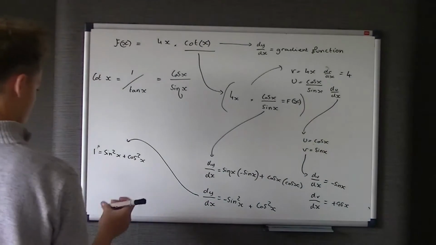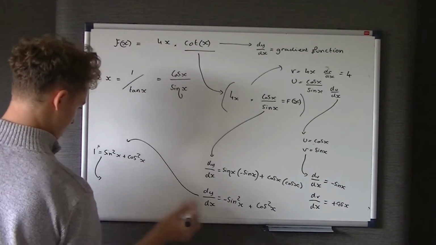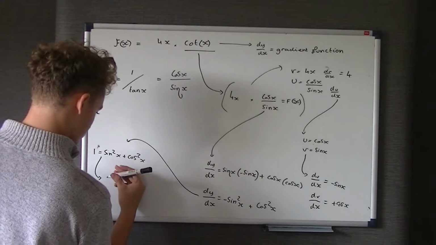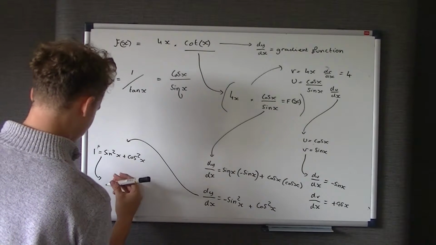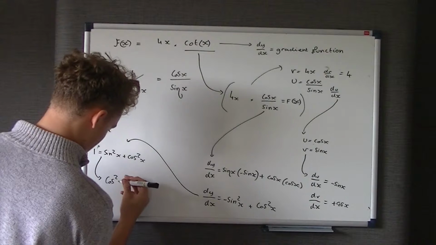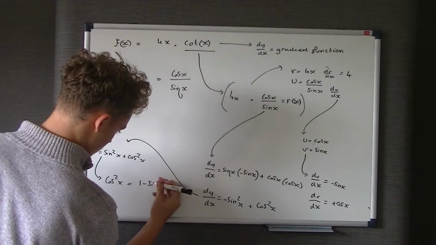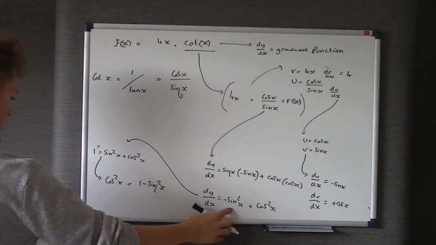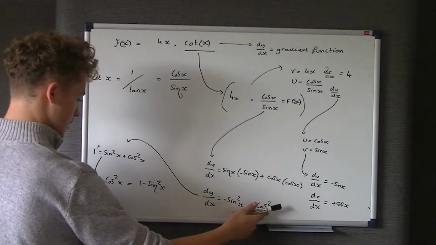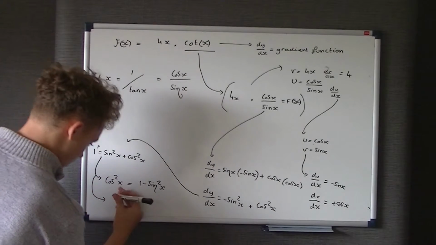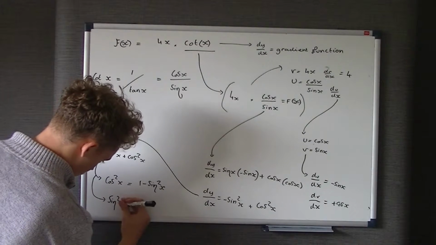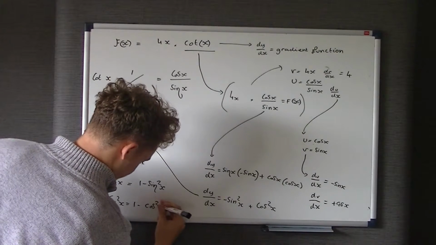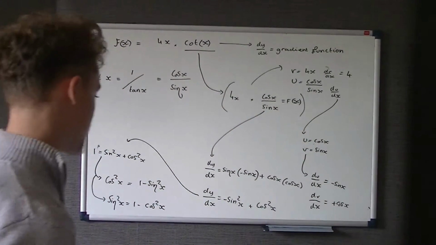So you could make cos squared x equals 1 take sine squared x. Or you could change that to sine squared x, so in that case sine squared x would be 1 take cos squared x. So you could do it either way.